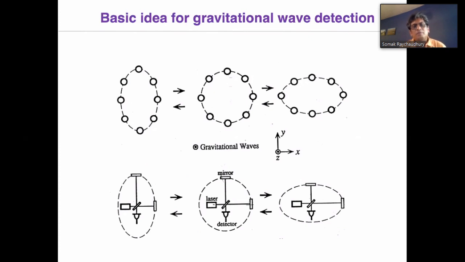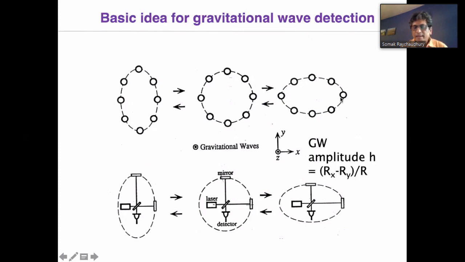So I'm not going to go into great detail, but the idea is that as a gravitational wave proceeds through space-time, it causes the fabric of space-time to oscillate in very typical ways, in which space is contracted in one direction and expanded in another.